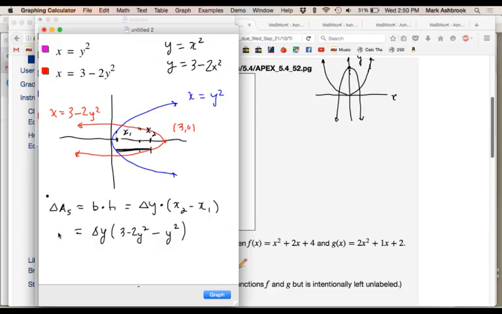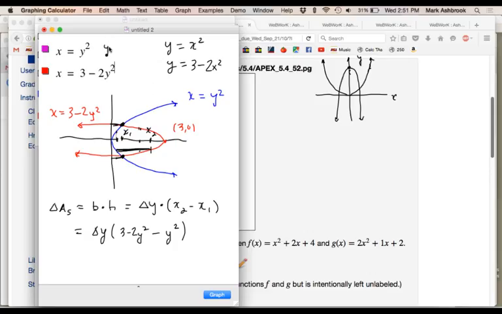All right, so that's the area of our typical strip, and then we're going to go from what to what? We would need the y value of that intersection point and the y value of that intersection point. So we set the x's equal, because we want the y values where the x's are equal.